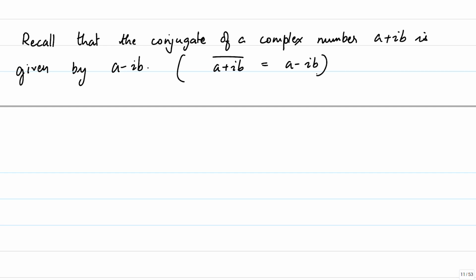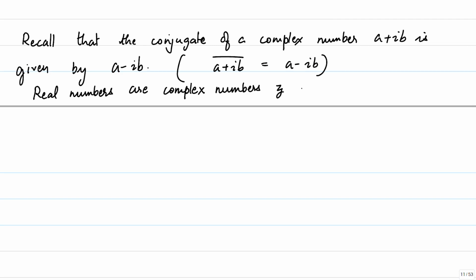So what are real numbers? Real numbers are complex numbers with the imaginary part equal to 0.